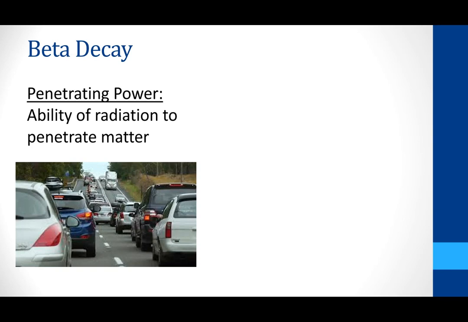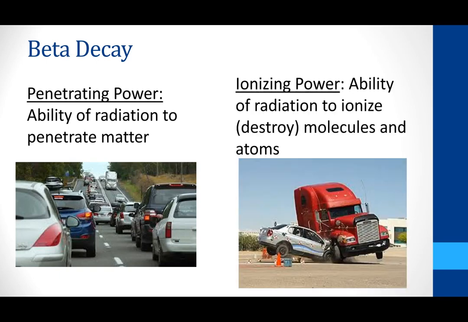We have to be a little bit more mindful about what we choose to guard ourselves with. Ionizing power, however, is moderate. So in the event that a beta particle does enter our system, it's only going to moderately destroy molecules and particles in there. Again, think of a sedan or a car in an accident. It's going to do some damage, but not nearly as much as a semi-truck. So moderate penetrating, moderate ionizing.